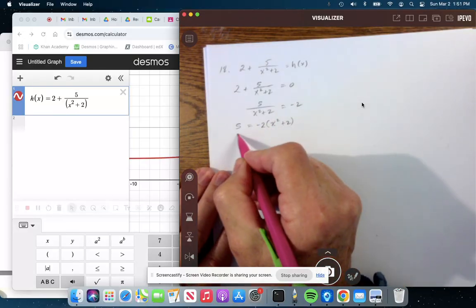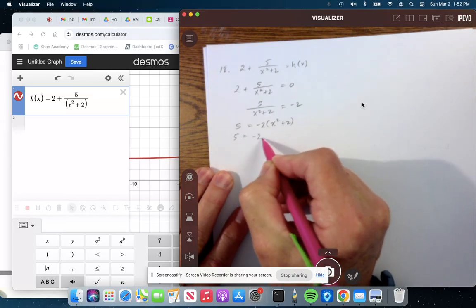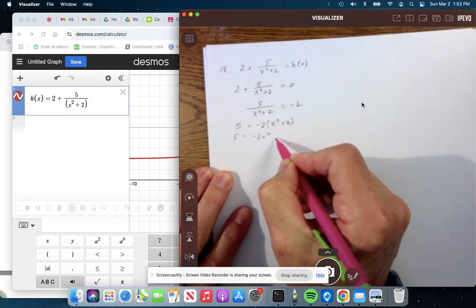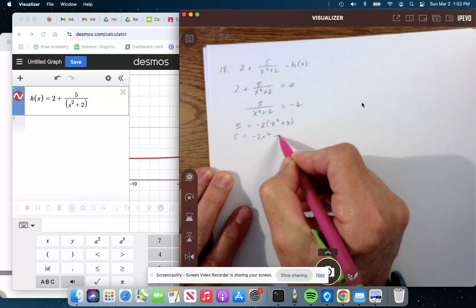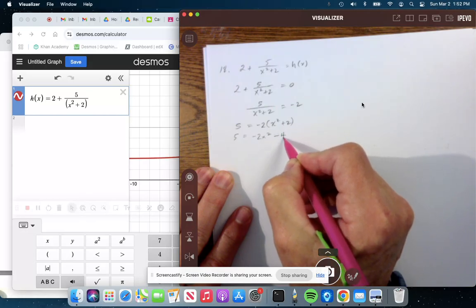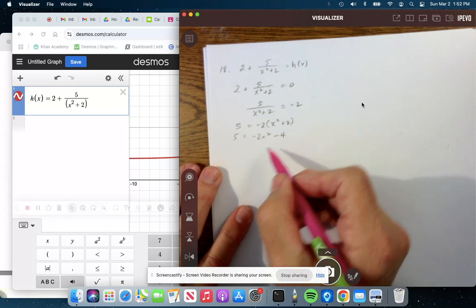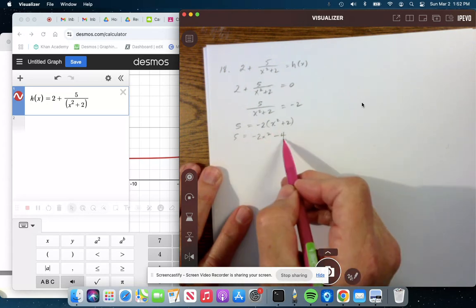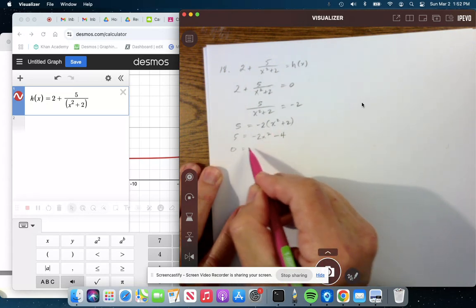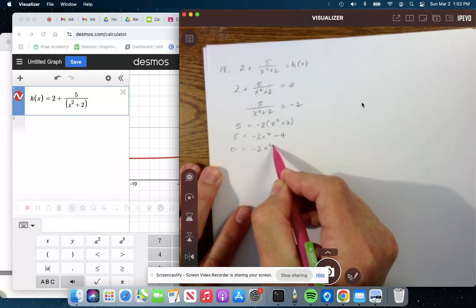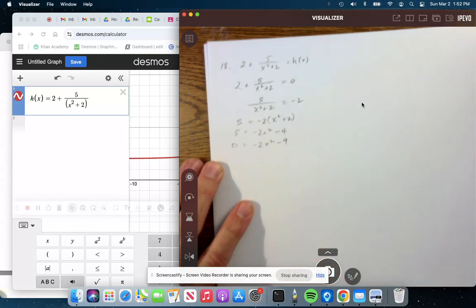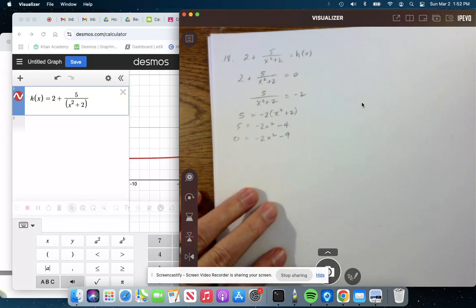Well, this is a quadratic, isn't it? So I've got -2x squared minus 4. Then I could bring over the 5 to set it all equal to 0 again. If I take away 5, I'd end up with 0 equals -2x squared minus 9.